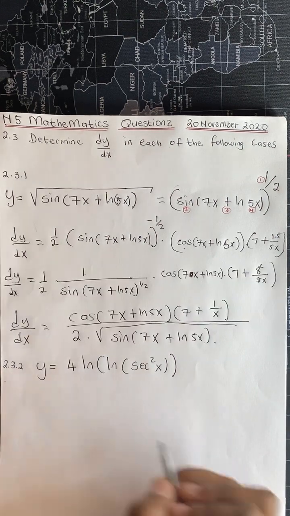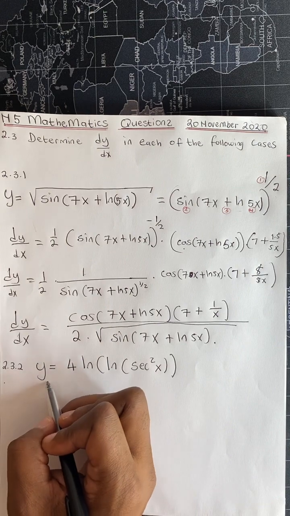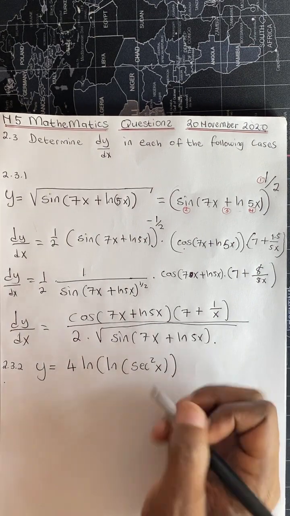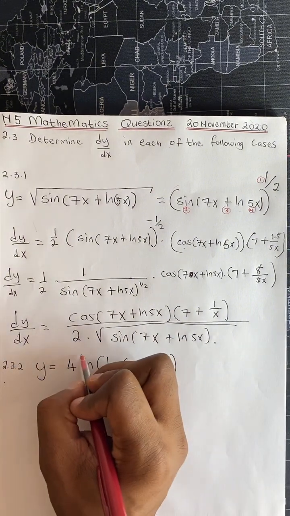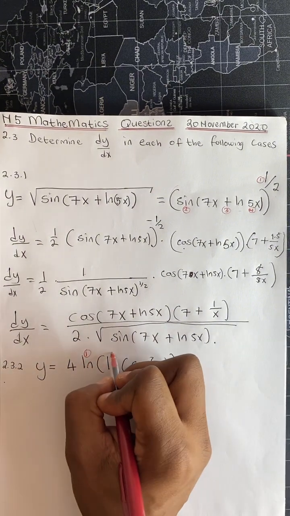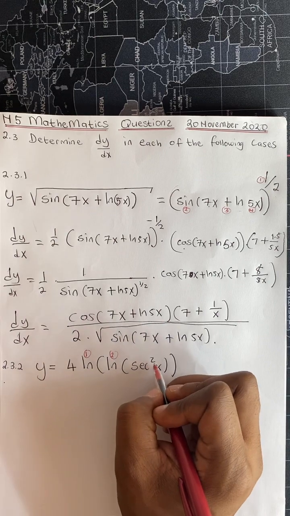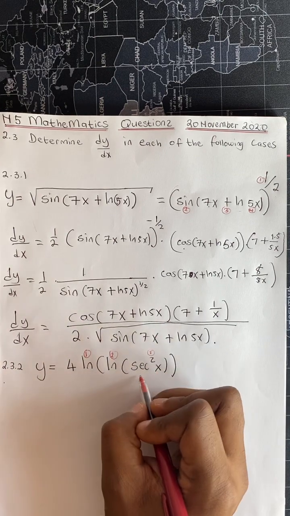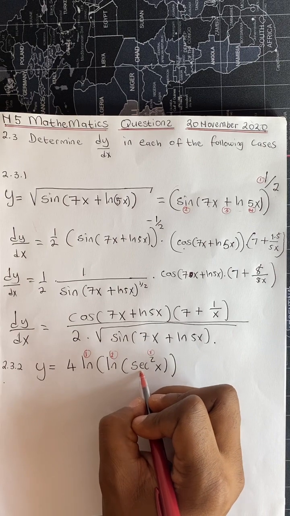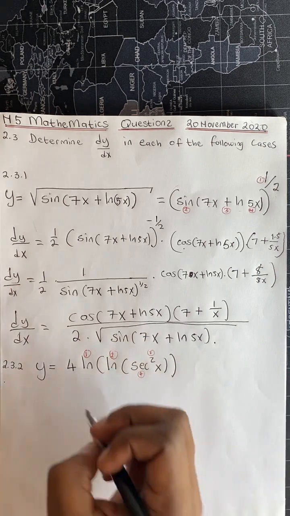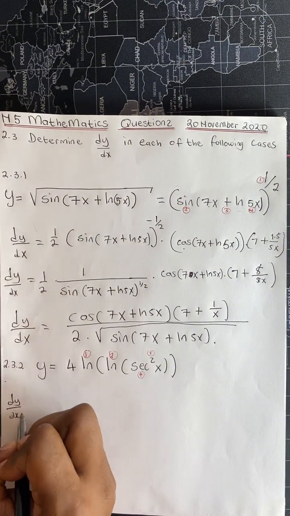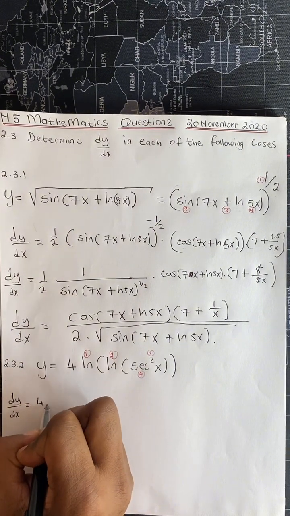Question 2.3.2, we have to differentiate y is equal to 4 ln of ln of sec squared x. We have to differentiate first the ln, and then differentiate again the ln, and then differentiate the square, and then we'll differentiate the sec. So the derivative of this first ln, dy over dx, we just leave the 4 as it is.